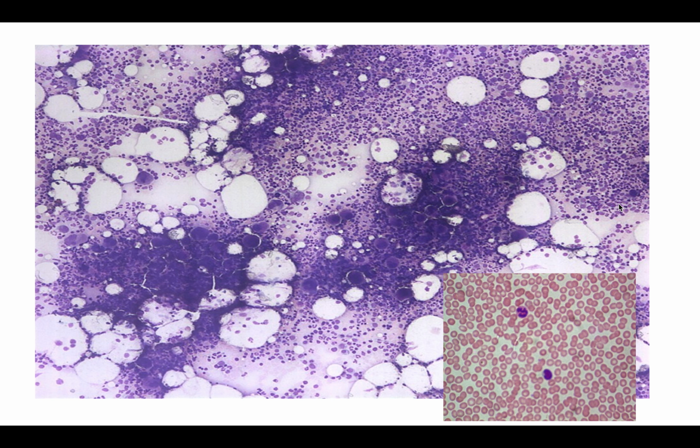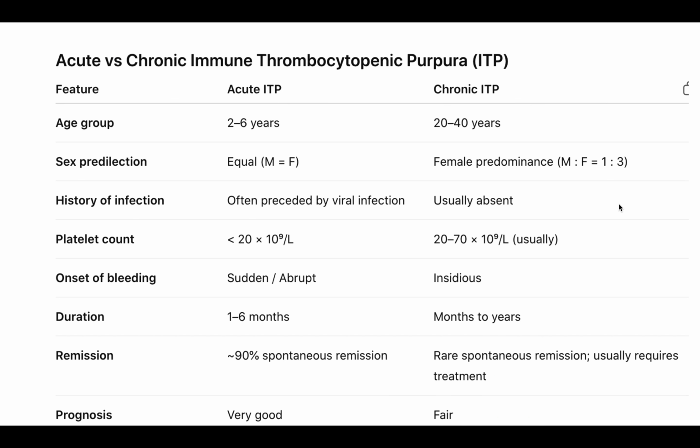This is a bone marrow picture. You can see lots and lots of cells, but focus on the larger cells. The megakaryocyte is the largest cell in the bone marrow, and these cells are increased. So there is megakaryocytic hyperplasia along with a decrease in platelets in the PBS.